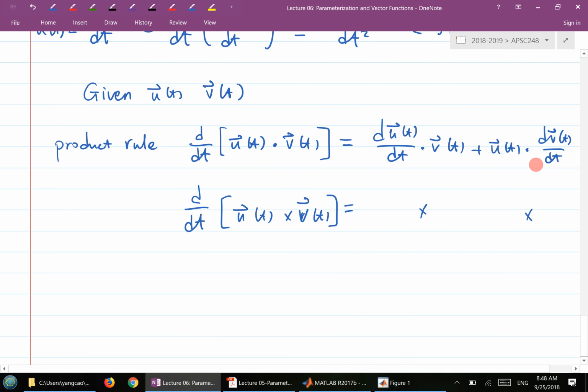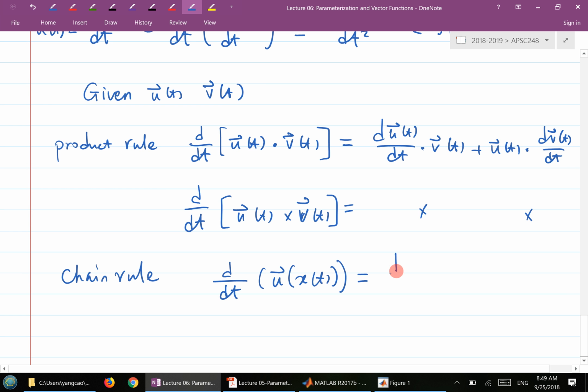Sometimes the chain rule also comes in handy. Suppose I'm taking the derivative of a vector function u, where u is a function of x, and x is a function of t. That's the chain rule.